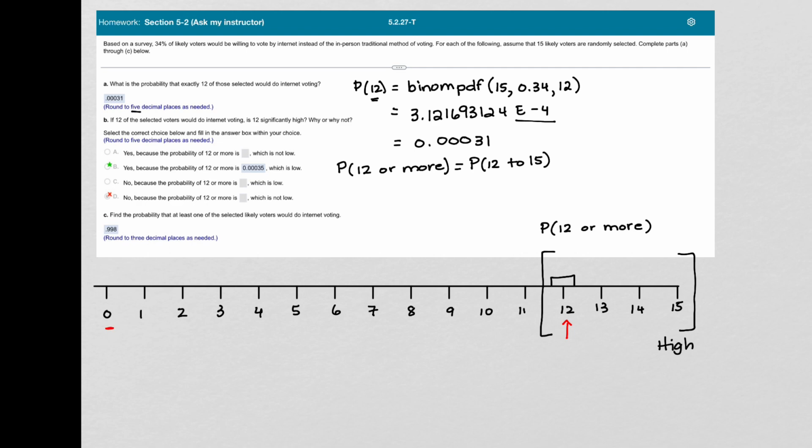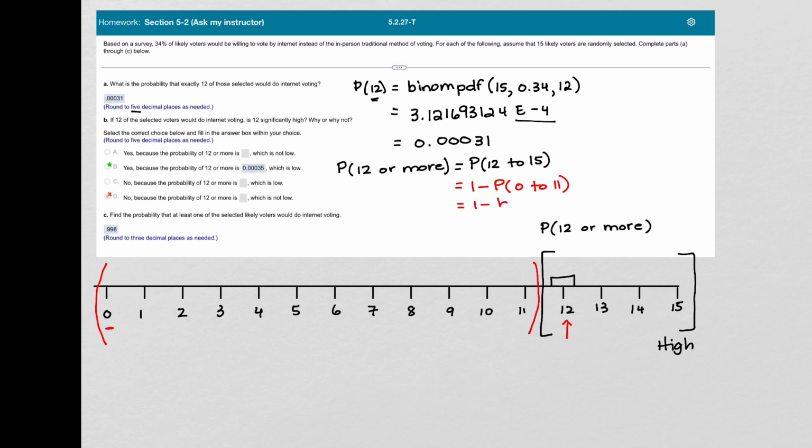That's the way the calculator works. So the calculator could do the probability of 0 to 11 successes. So we're going to convert this, and I'm going to say it's the opposite. So we're going to do 1 minus the probability of 0 to 11 successes.